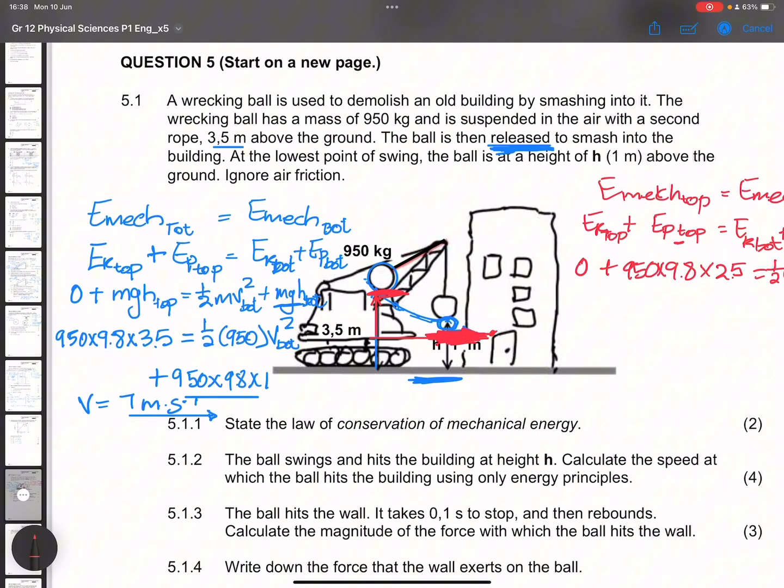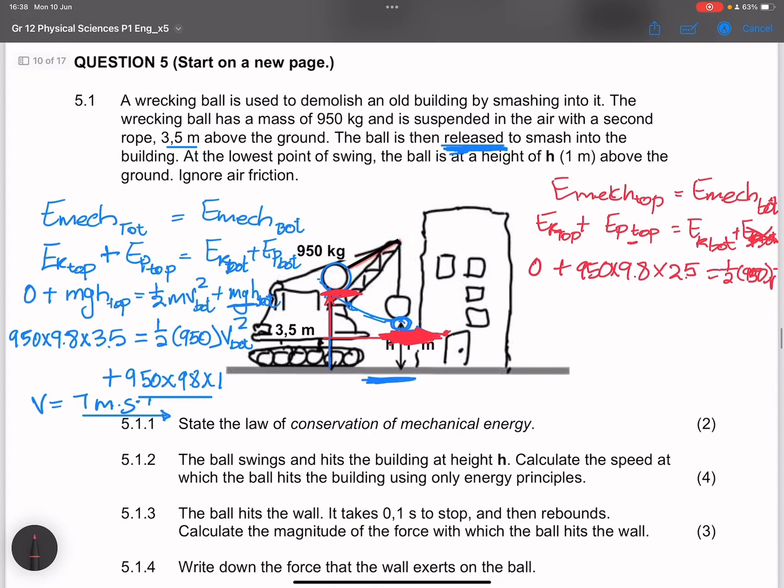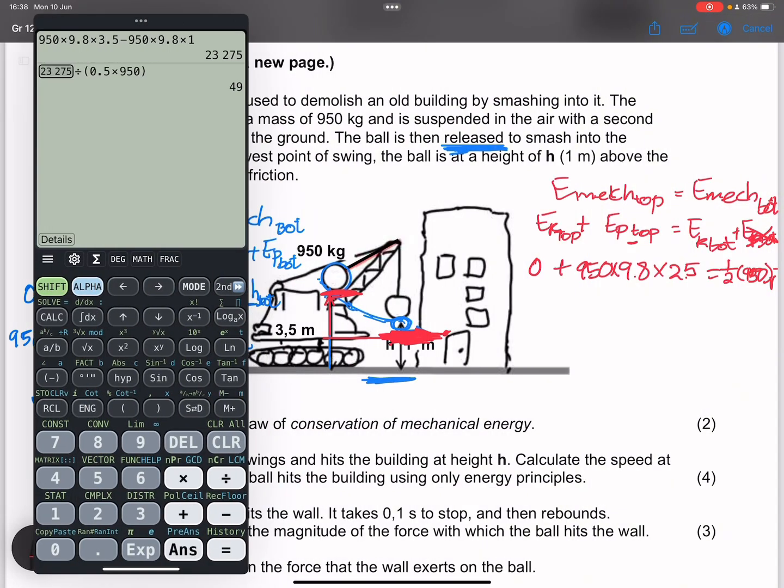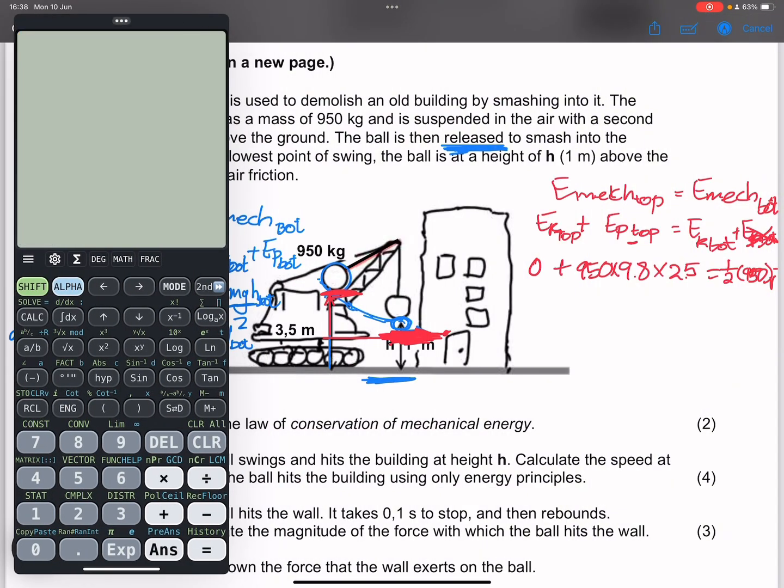Now what I'll do is exactly the same thing. So that's 950 times 9.8 times 2.5, and I'll divide that by a half of 950. Again I get 49.